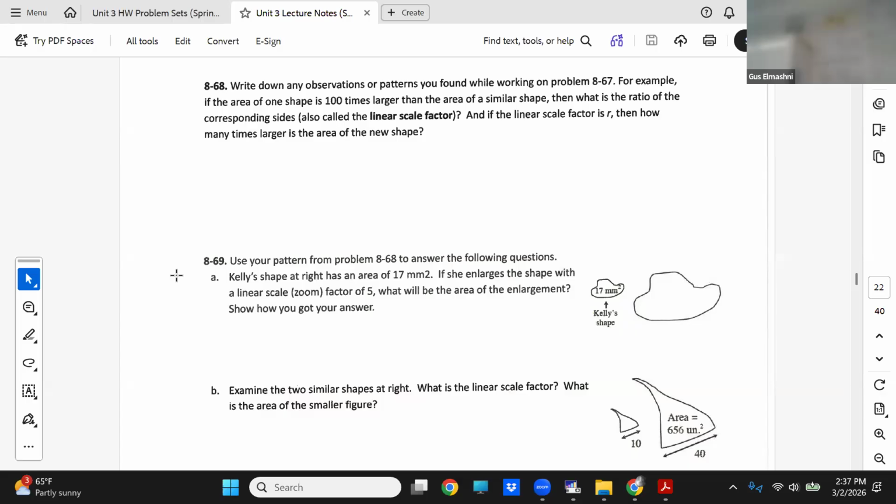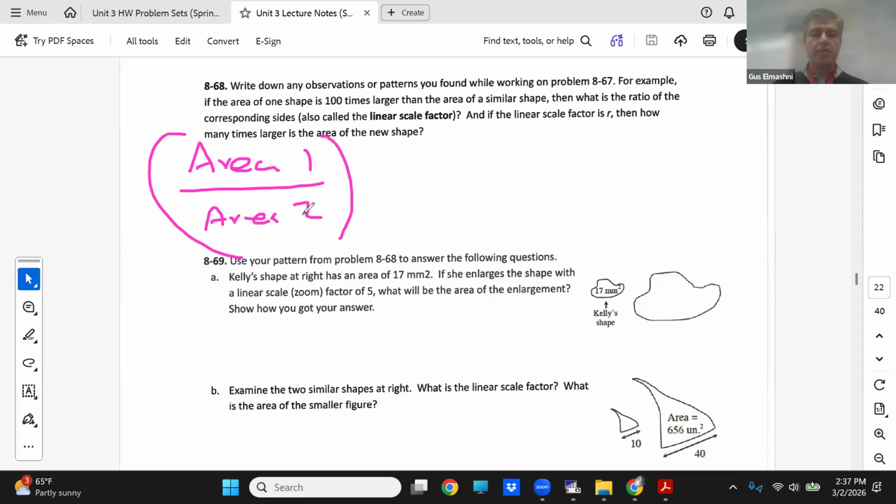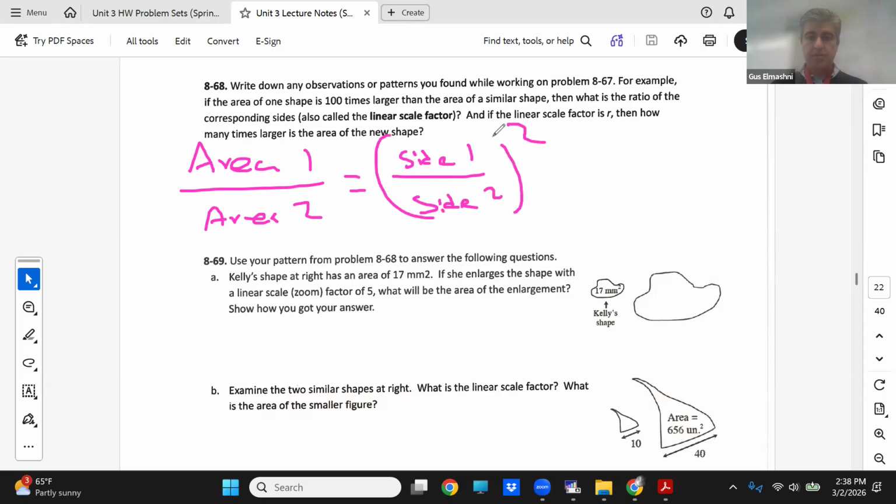Area 1 to area 2 equals side 1, side 2, squared.